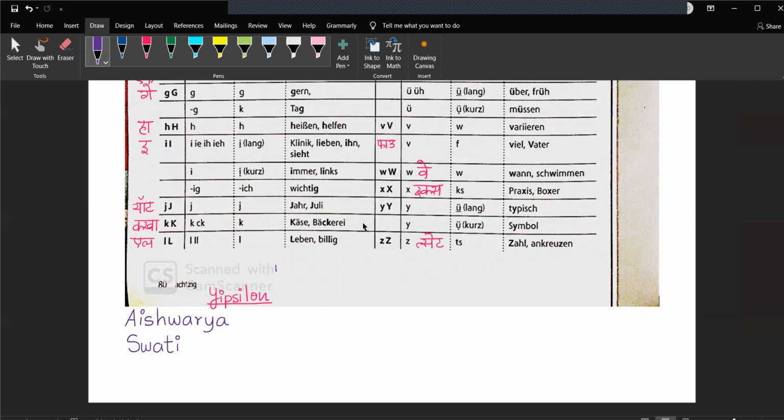Now, apart from that, like I said, we have the S set. It is either written like this, or like this, or like this. It totally depends on you. Now, this is also called sharpest S. Sharpest stands for sharp.